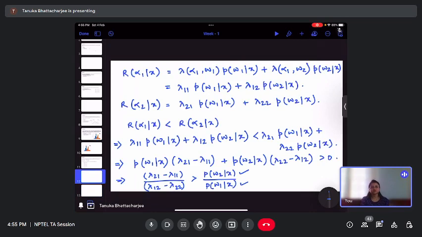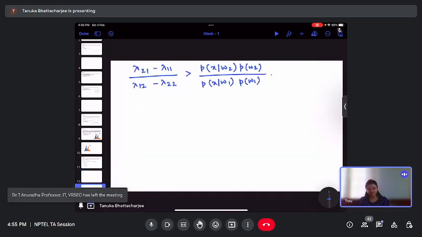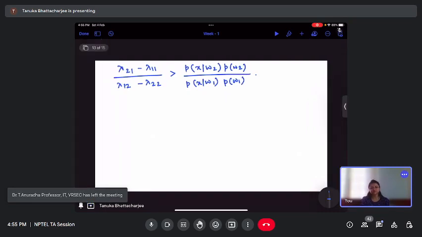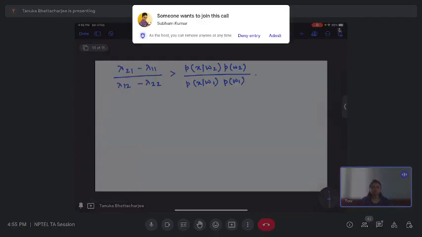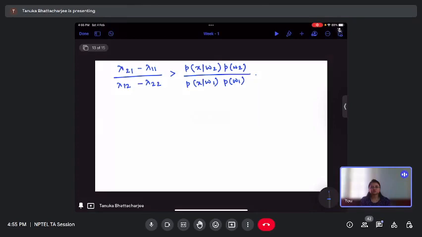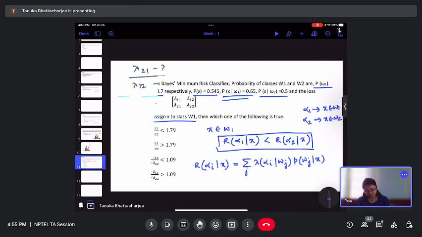So, the denominator in each case is p(x), that will cancel out. You will simply get probability of x given omega 2 into probability of omega 2 divided by probability of x given omega 1 into probability of omega 1. You can simply put the values over here.